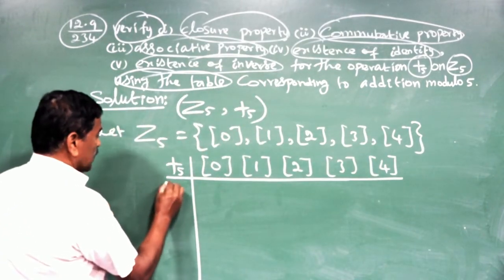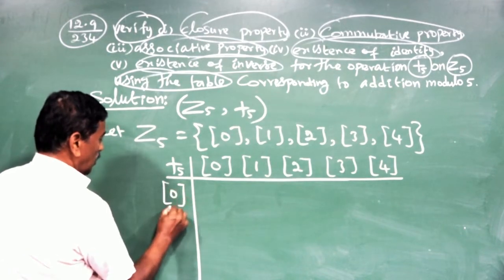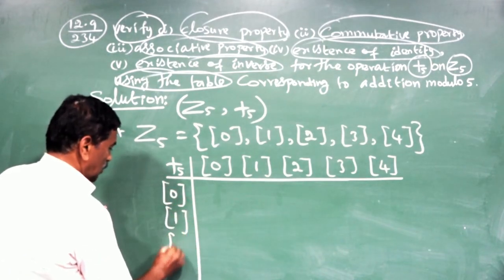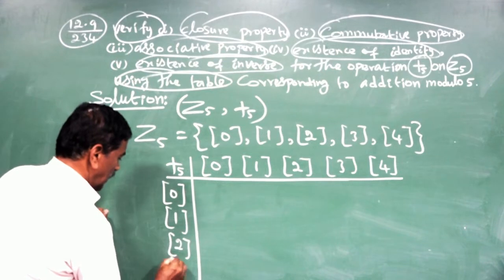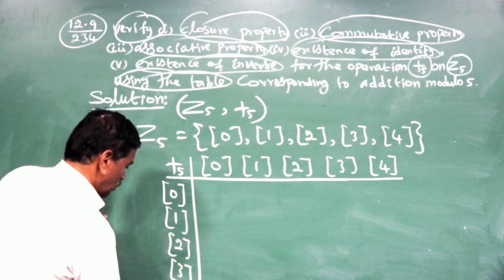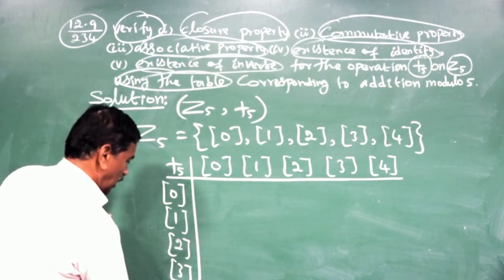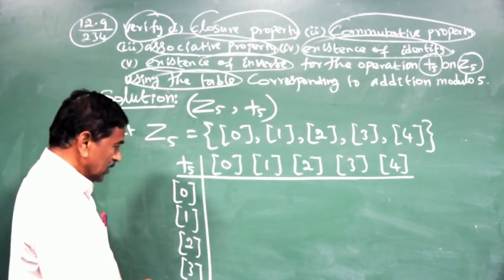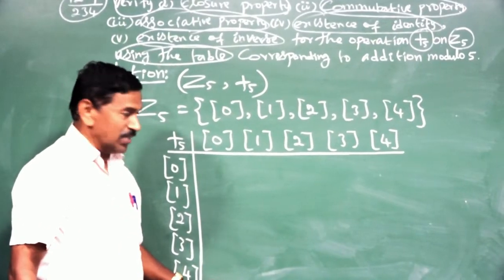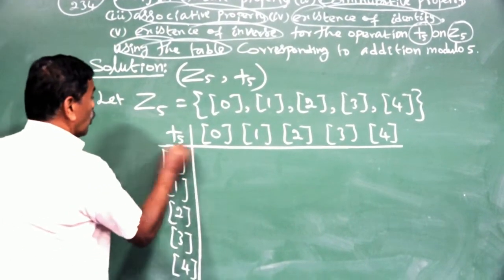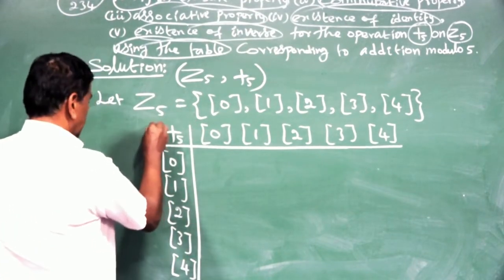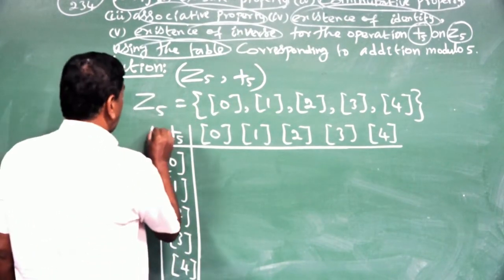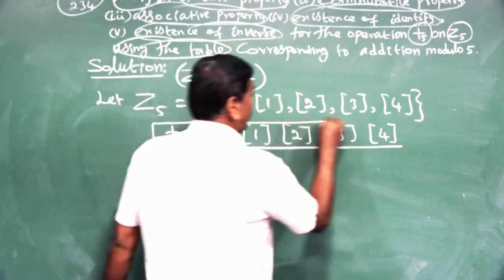Okay, listen, in the first column, 0, 1, 2, 3, 4. Okay, extend downwards. Now I want to complete the table. That is important. Listen carefully. I want to complete the table.